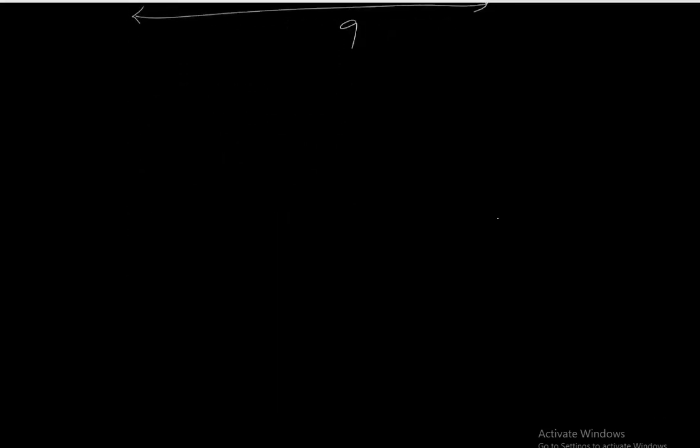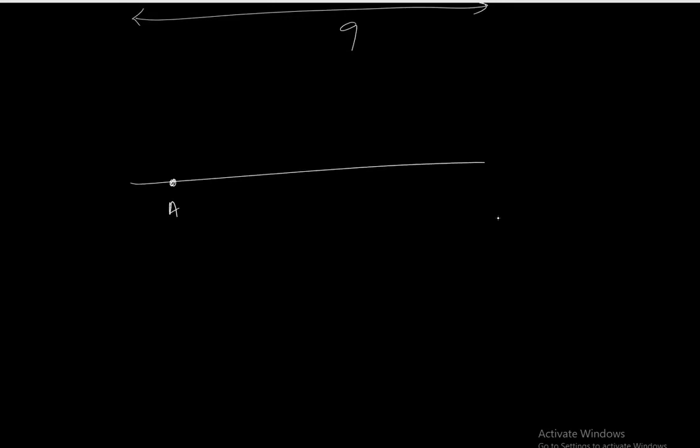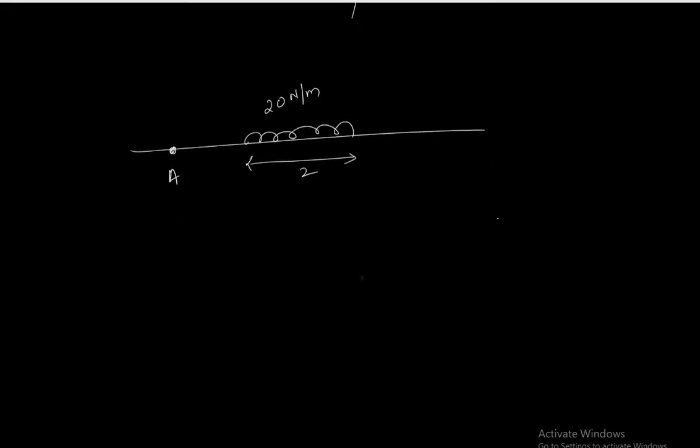Second point to remember is when you're calculating moment, let's say you want to calculate moment about some point A, and then you have a uniformly distributed load, say 20 Newton per meter, and this is 2 meters, so it becomes 40 Newton. You have to assume that this 40 Newton, 20 times 2, is acting at the center of this uniformly distributed load.